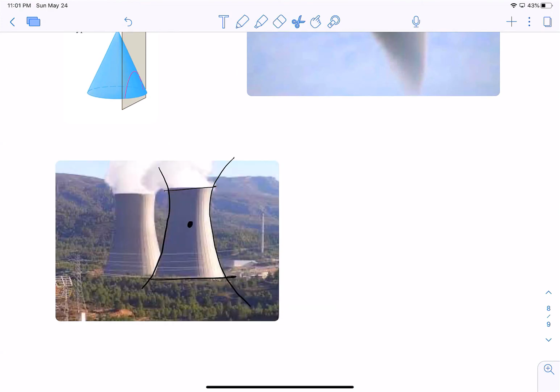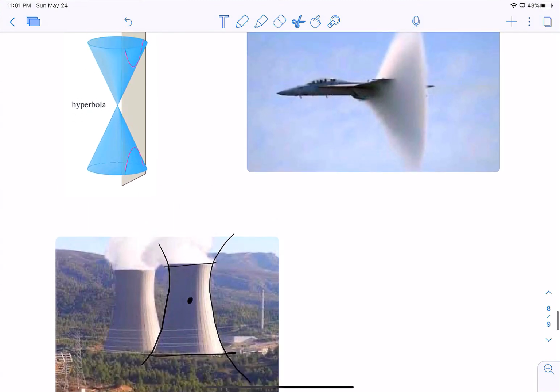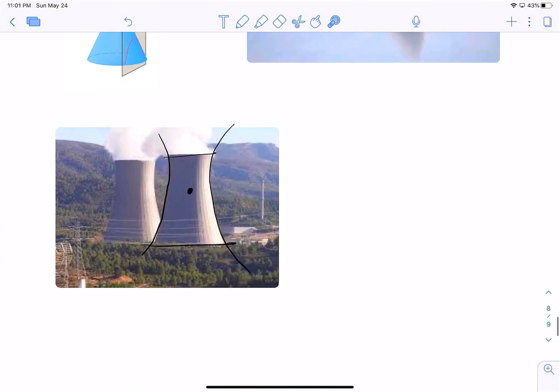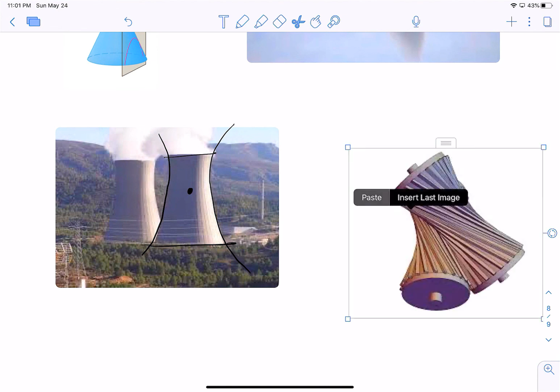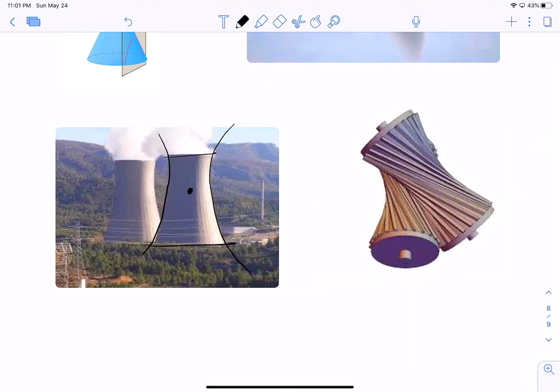And then this next picture is not necessarily related to a property of hyperbolas in terms of the sound waves or the strength properties, but hyperboloids show up in gears sometimes. And these are referred to as gears with skew axes. The shape of the gears themselves are hyperboloids.